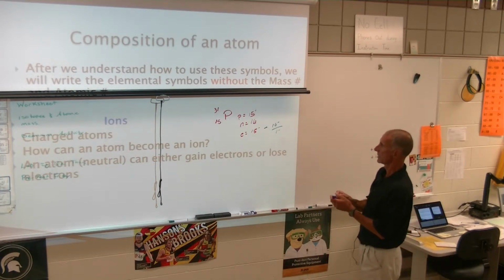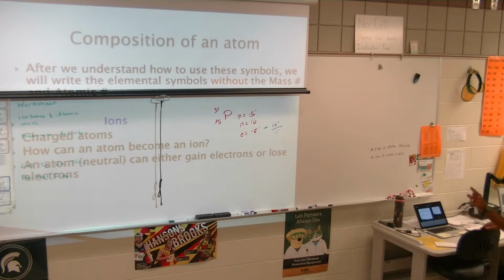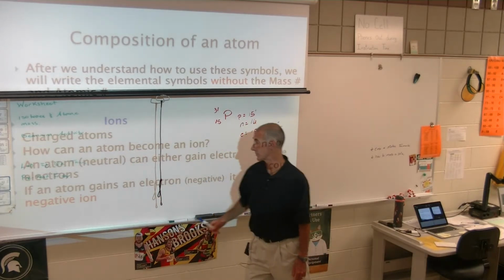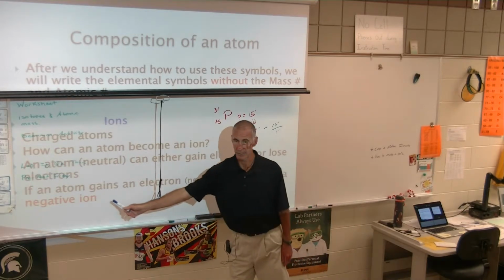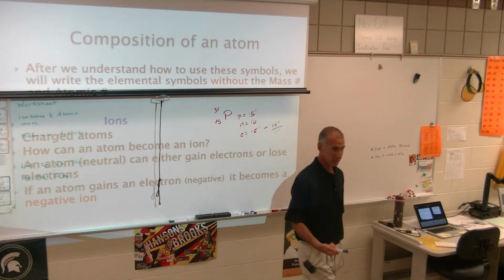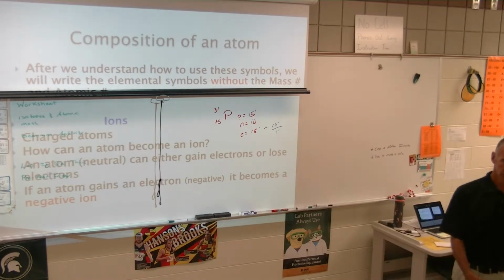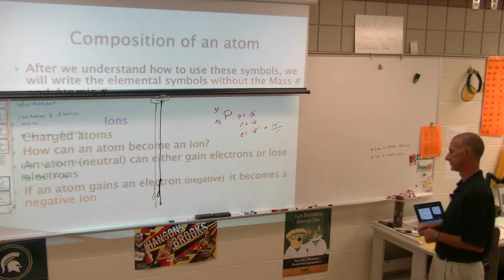If the atom gains an electron, or multiple electrons, it becomes a negative ion, because before we were neutral, and gaining a negative substance, we become negative.